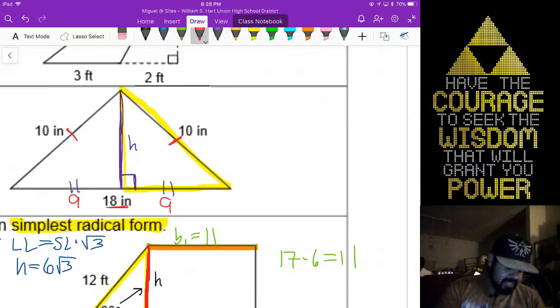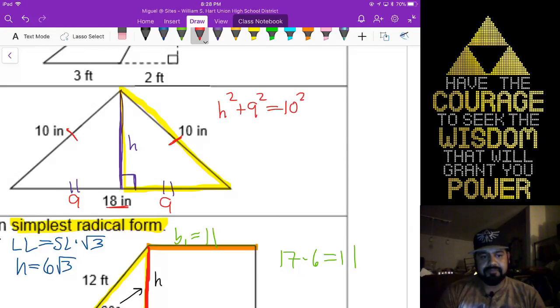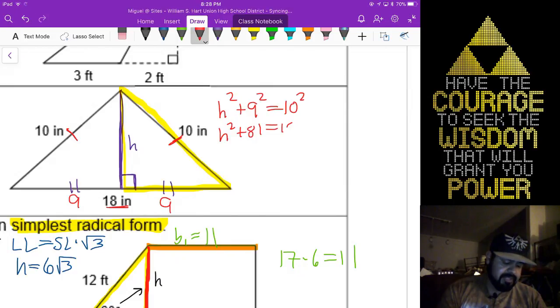So I'm going to say h squared plus 9 squared equals 10 squared. So then I have h squared plus 81 equals 100. If I take away the 81 from both sides, I should have h squared equals 19.